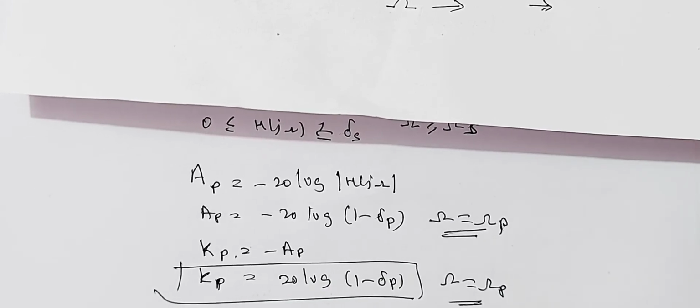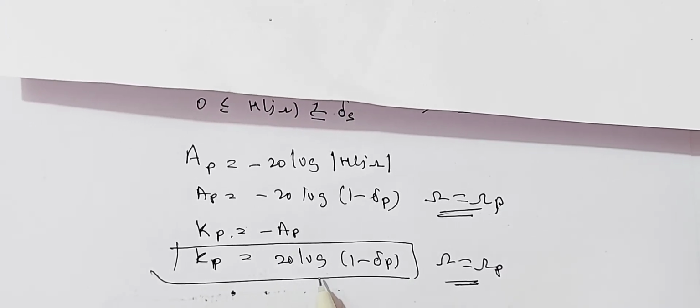Up to this frequency, the gain is 20 log of 1 minus delta P.